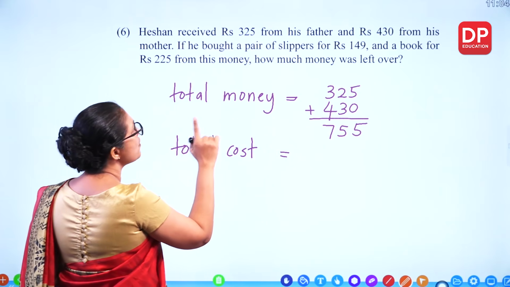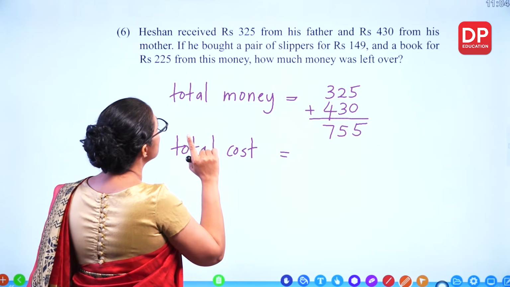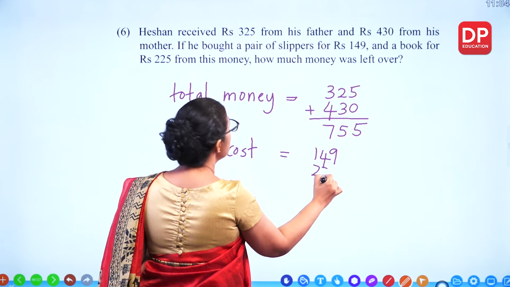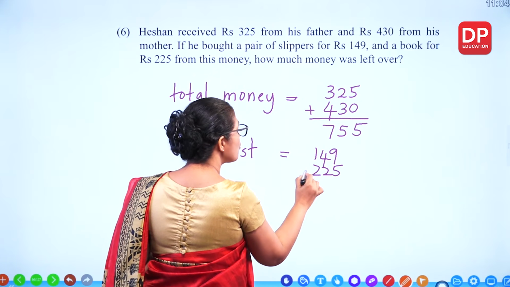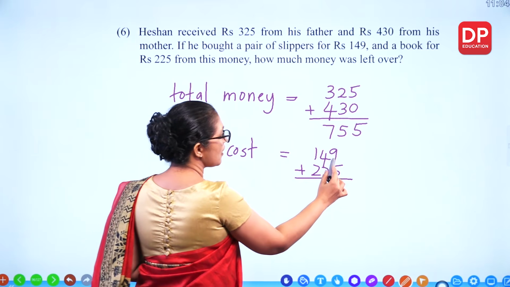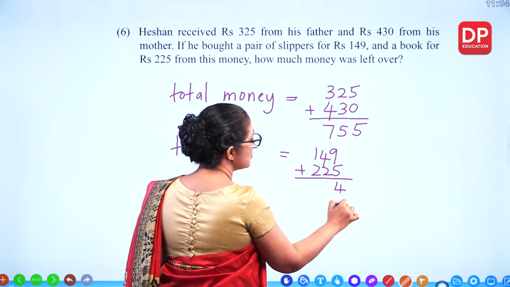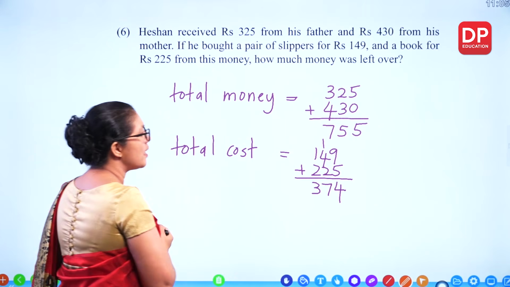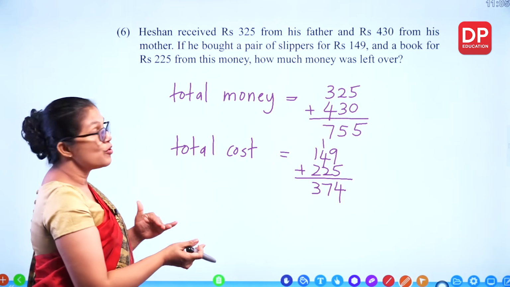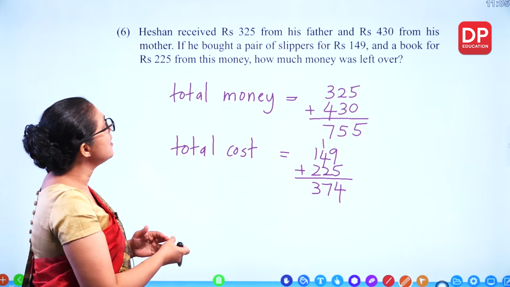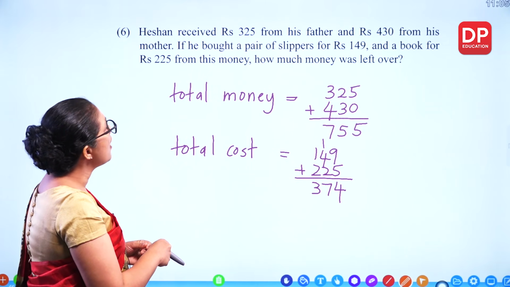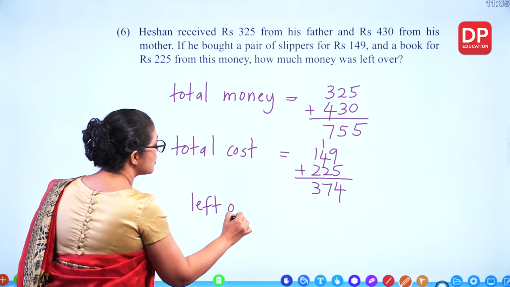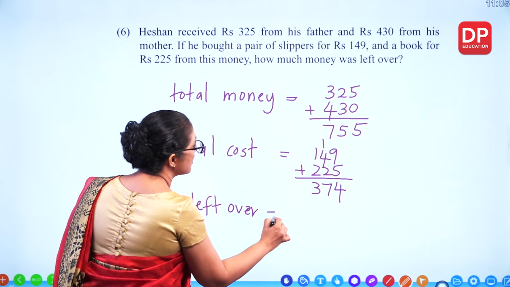Total cost for both book and the pair of slippers, 149 and 225. So that's also you need to add. 9 plus 5, 14. 1 remaining. 5 plus 2, 7. And 2 plus 1, 3. Now, when you subtract these two, you get the remaining money. So, left over you can find out by subtracting.